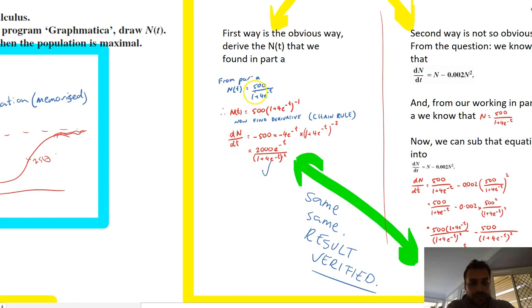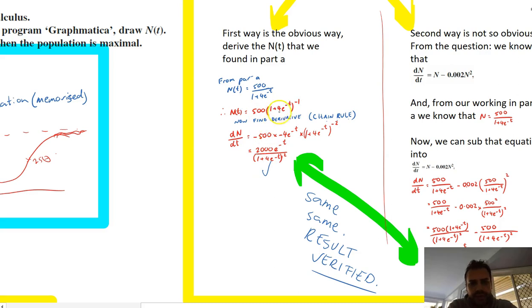So N(t) from part A was 500 over 1 plus 4e to the negative t. So the change in N with respect to t, you've just got to derive that using the chain rule. Now, if you have a little bit of trouble with it, you can come and talk to me about it. But basically, what I've done is take 1 plus 4e to the negative t, moved it to the top as 1 plus 4e to the negative t to the power of negative 1.